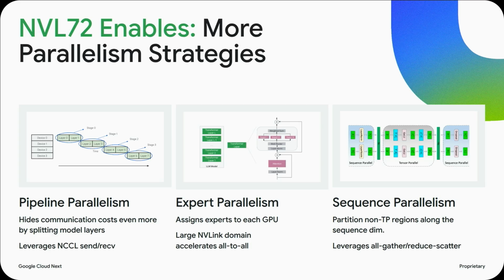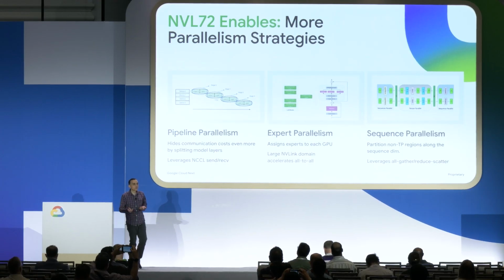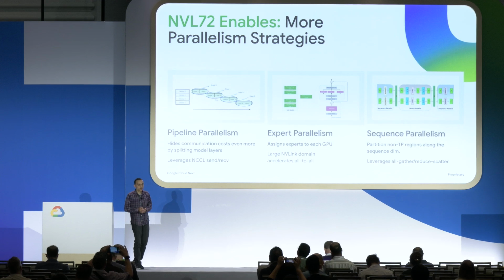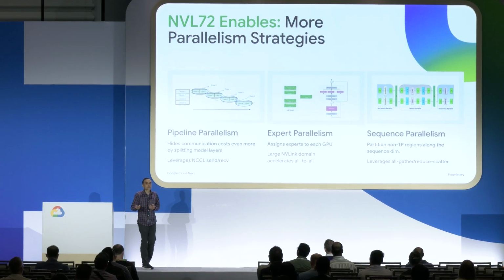These days, when you're doing model training, you're combining almost 4 to 6 dimensions of parallelism, with pipeline parallelism. You go to expert parallelism as models get sparser with mixture-of-experts architectures, which Deepak is going to cover in a little more detail. And then you can also do sequence parallelism. Basically, all of these different parallelism strategies involve different communication primitives.